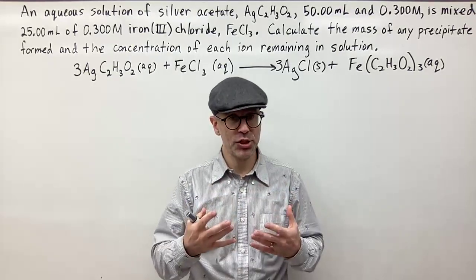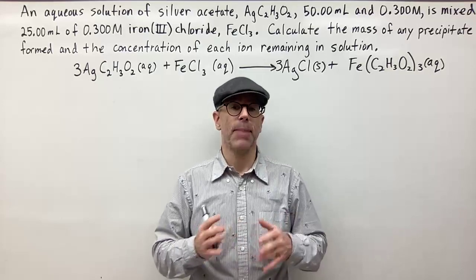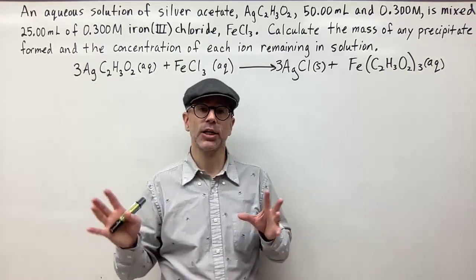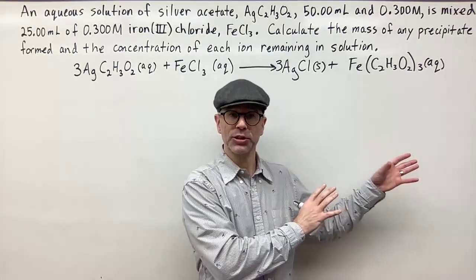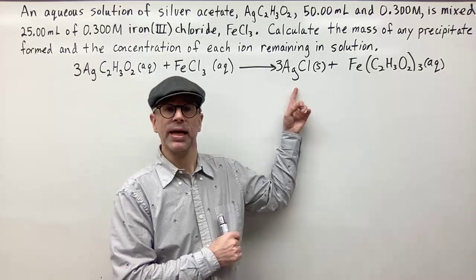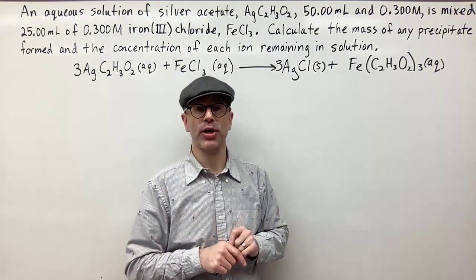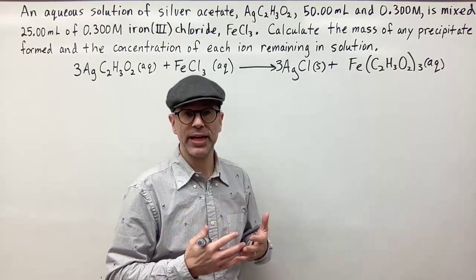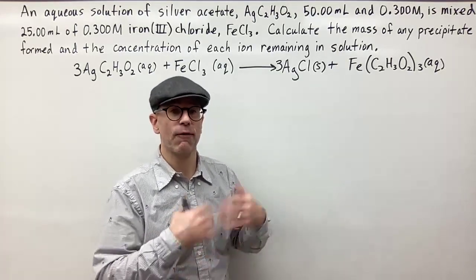And the way that I'm going to show this in this video is by taking each of the amounts of the reactants and converting it to the product that we're interested in, which is our silver chloride, and seeing which reactant is going to give us the lesser amount. Because remember, the limiting reagent is the one that runs out first.